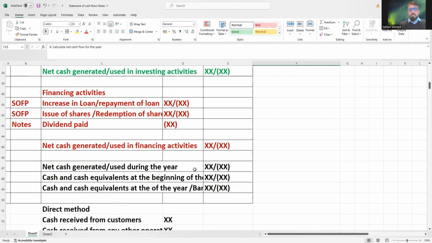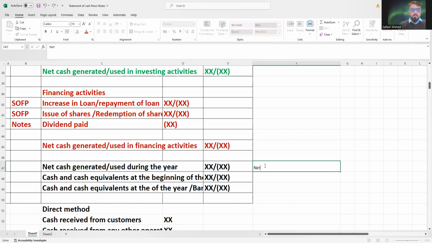The net cash generated during the year will be net cash from operating activities plus net cash from investing. Again, if either of those amounts is negative, you will be deducting it. So plus minus, remember the math rule. And then of course, plus net cash from financing activities.